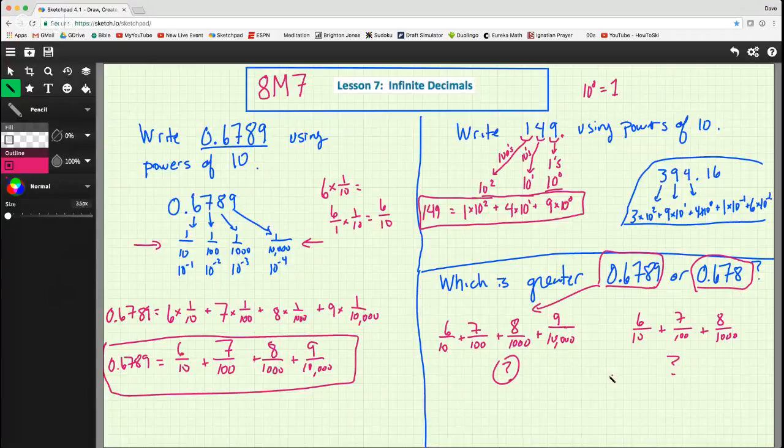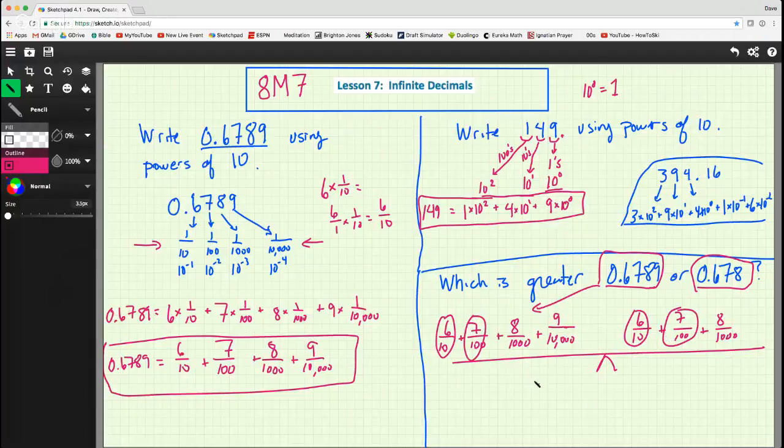Well, let's see, if we put those things on a balance and see which one's heavier. Well, these are the same, these are the same, these are the same. And now we have this left over. So this left side is bigger by 9 over 10,000.